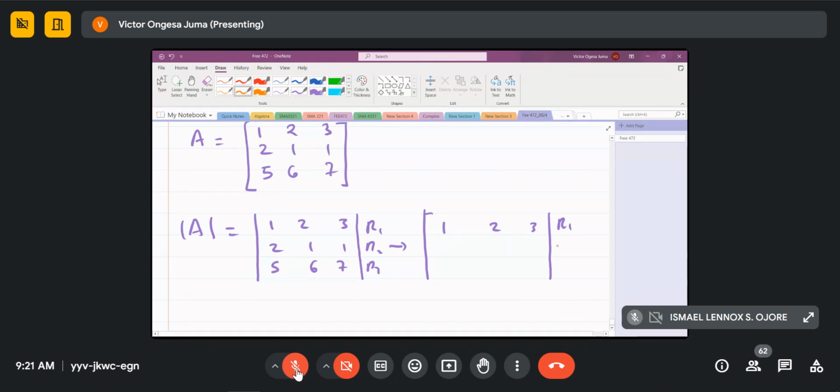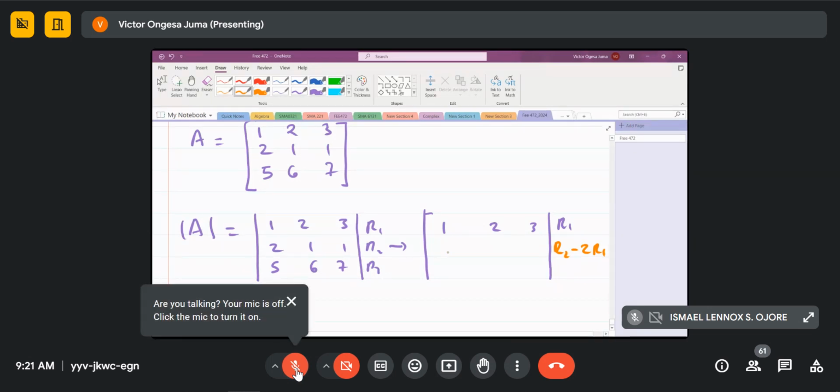And so if we do this, I can say my new row 2 is row 2 minus 2 row 1, the scale factor. So I'll have this is 0, and then this is minus 3, right?